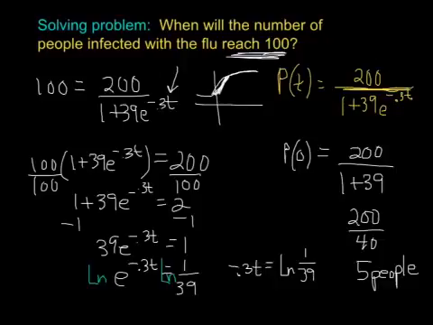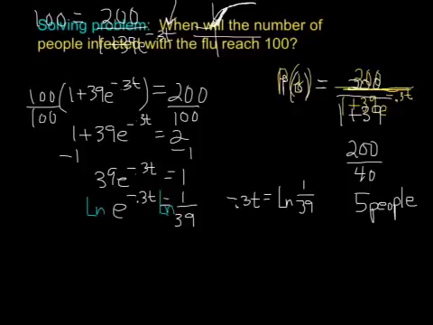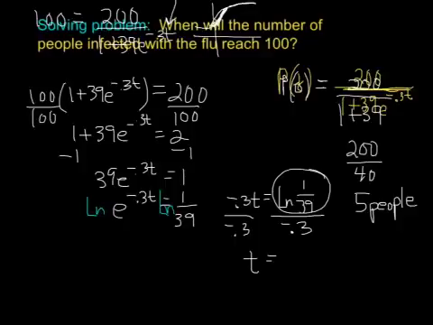You'll definitely need your calculator to finish this problem. And then lastly, to solve for time, you'll divide by a negative 0.3. This fraction, natural log of 1/39, should also be a negative number, so when you divide by a negative 0.3, you get the positive time of approximately 12.2 days.